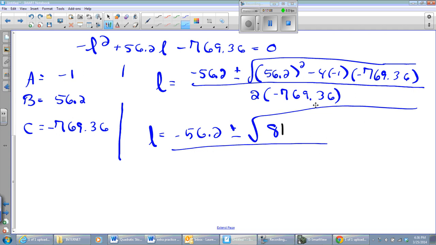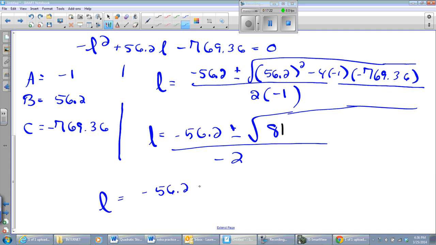And that's all over 2 times... Oh, there's a mistake there. It's supposed to be over 2A, isn't it? Which should be -1. So that'll just be over -2. So L is going to equal negative 56.2 plus or minus 9 over -2.